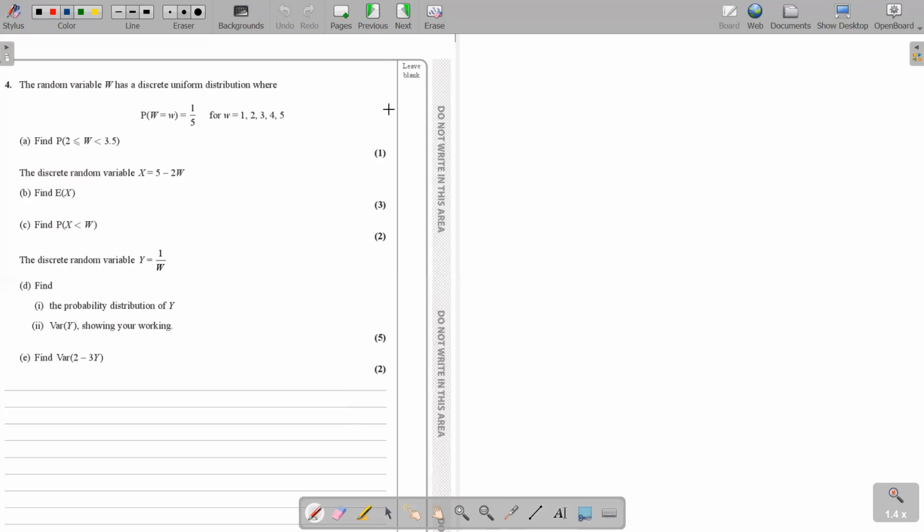I'm going to answer part A. Basically what you have here, the W values are 1, 2, 3, 4, and 5. So probability that W equals a simple W is what? Each and every W value has the exact same probability.